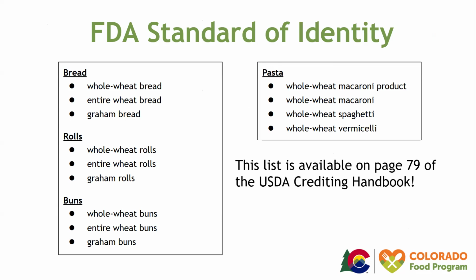If a product says whole wheat buns, entire wheat buns, or graham buns, it meets whole grain rich criteria. And finally, these pastas would meet the criteria as well: whole wheat macaroni product, whole wheat macaroni, whole wheat spaghetti, and whole wheat vermicelli. And this list is available on page 79 of the crediting handbook that we shared earlier.